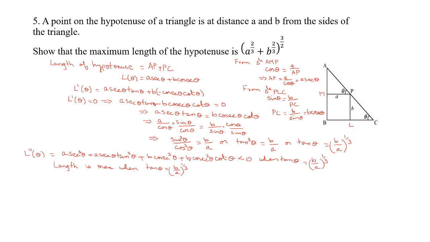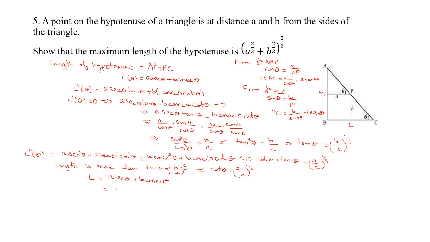Okay, maximum length: the length is a secant theta plus b cosecant theta. Tan theta equals b by a to the power 1 by 3, that implies cot theta equals a by b to the power 1 by 3. So now we find the maximum length, it is a secant theta plus b cosecant theta.